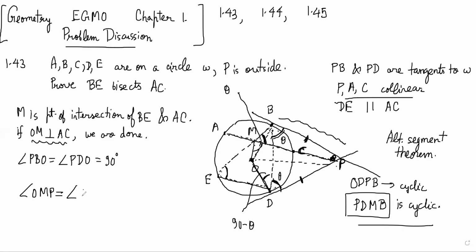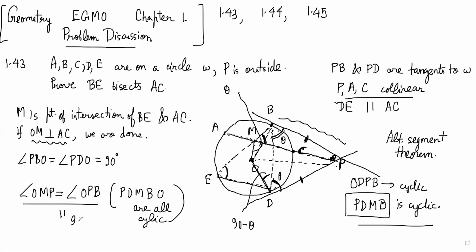OMP is equal to angle OBP because basically PDMBO are all cyclic, right? So this means it is equal to 90 degree because this angle is 90, right? I think I missed the OMBP cyclic part, so I couldn't do it.